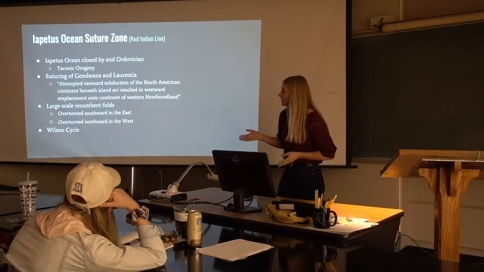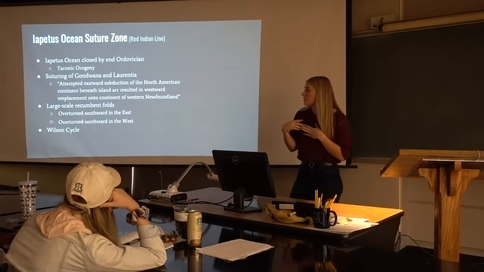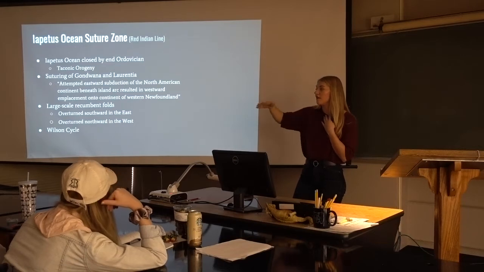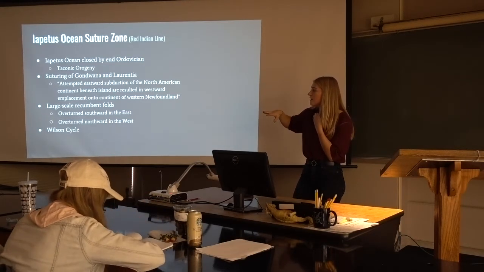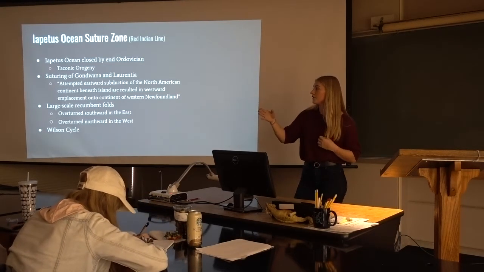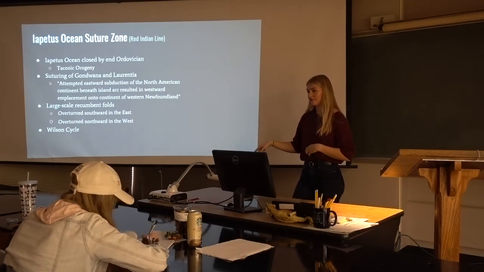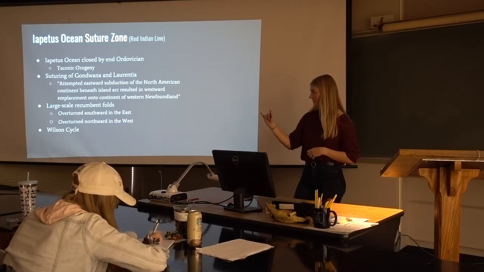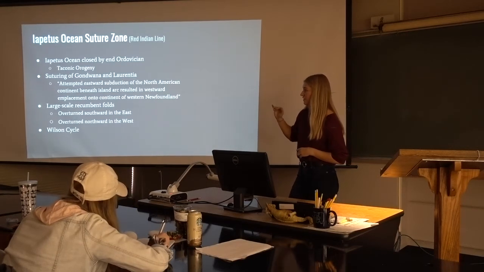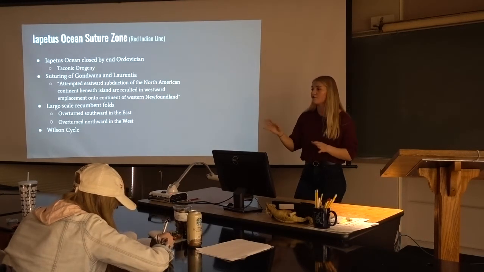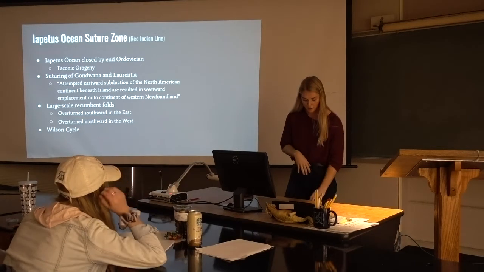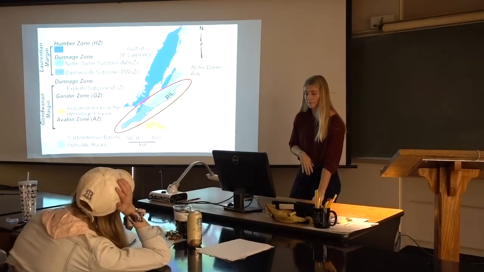And so that emplacement, that suturing, resulted in large-scale folding along that line. There's a lot of overturned folds. They were overturned southwards in the east and northwards in the west. So they're different depending on the region. And that's an example of the Wilson cycle, which is the formation and the closing of oceans throughout time.